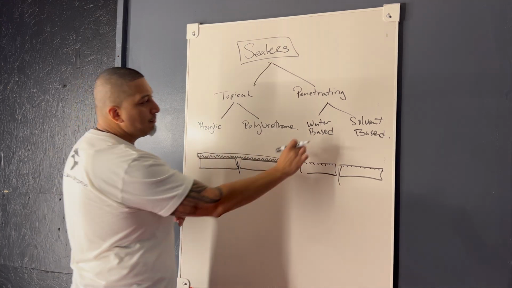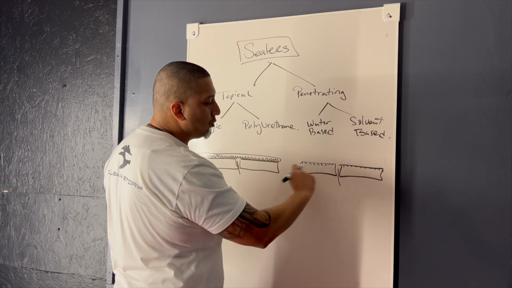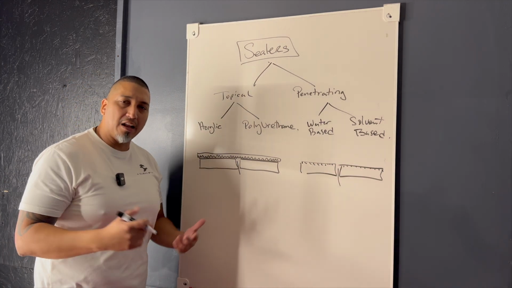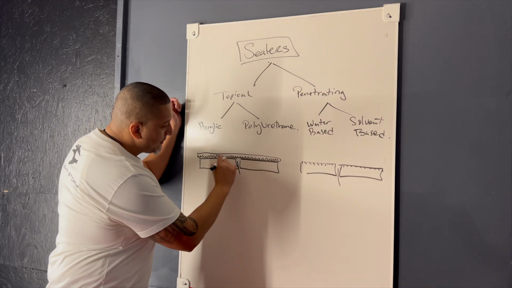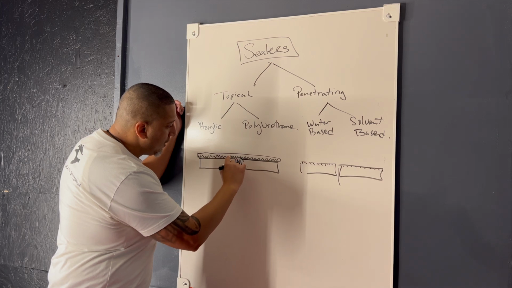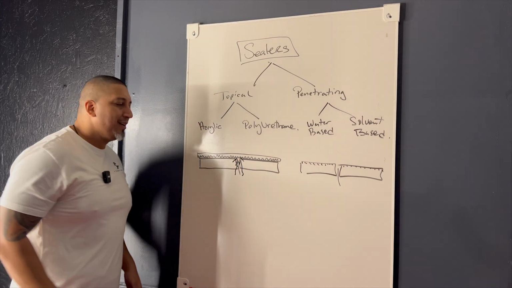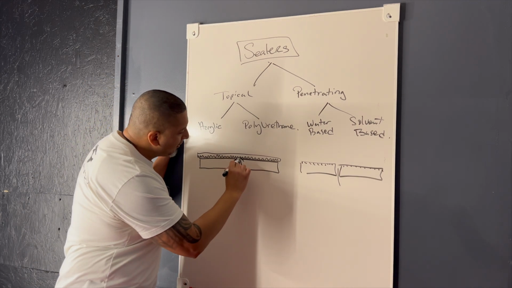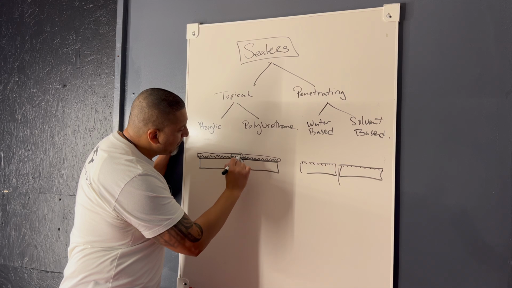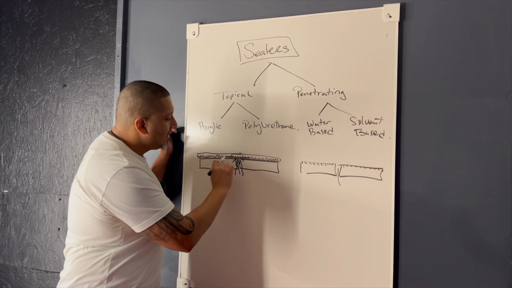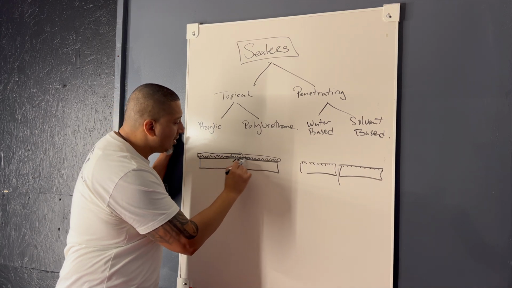You have a layer on top. When you have water-based and solvent-based, it penetrates, so nothing is on top. If you're in an area where there's going to be a lot of moisture and a lot of water, remember, this is topical, so moisture and water will want to evaporate up through any crevice it finds available. Because it's a topical, the water is going to go off to the sides, and then you're going to have a whole bunch of discoloration going on right over here.